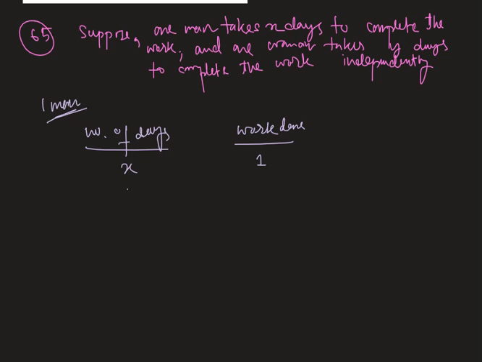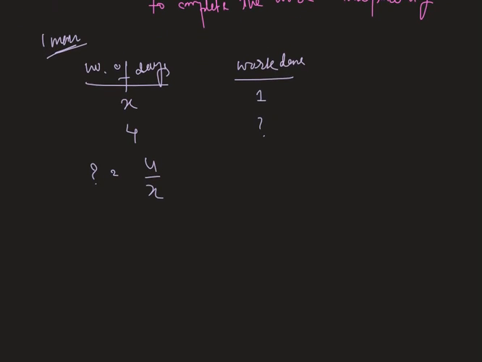Then in 4 days, how much work can he complete? It results in 4 by X. Therefore, for 4 men, the result will be 4 into 4 divided by X.